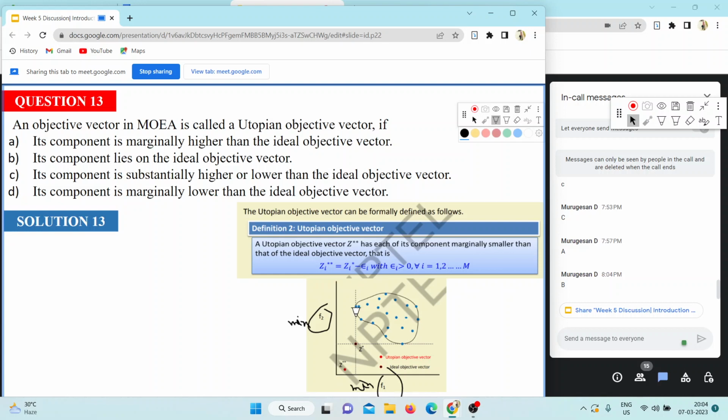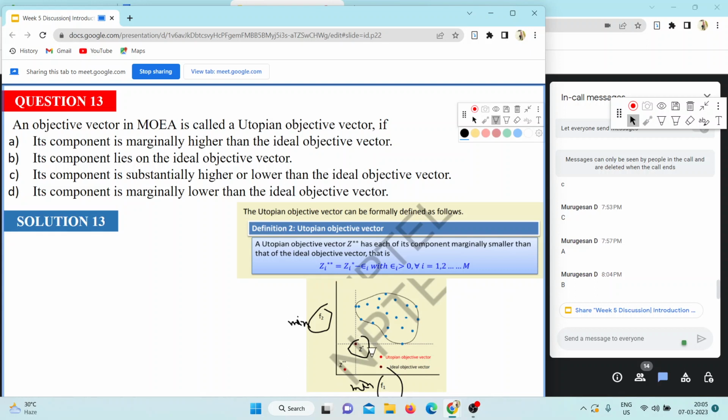If we draw an imaginary line parallel to the x-axis, as well as a line parallel to the y-axis, which intersect the minimum points of the search space, we will get a point z star. This z star is known as the ideal point.